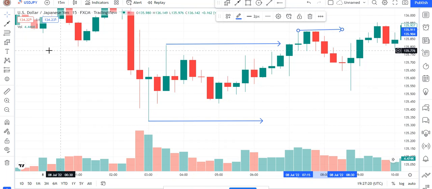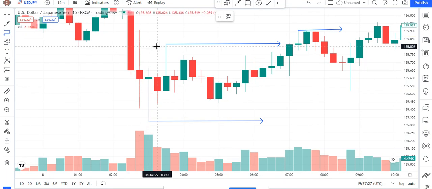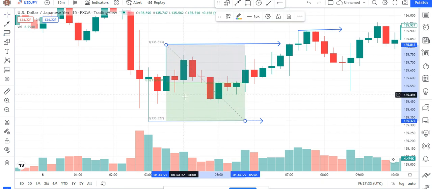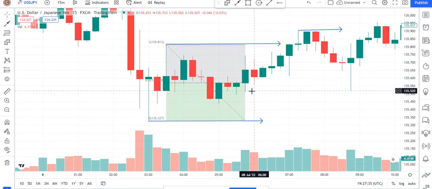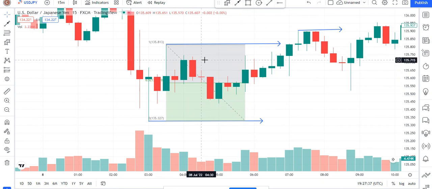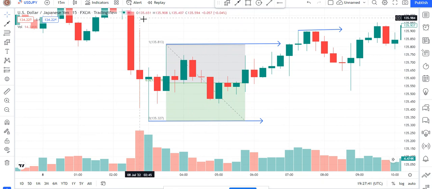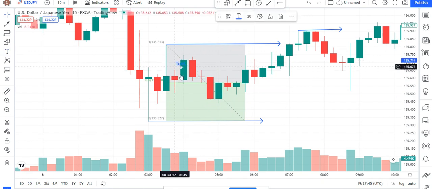So we can use premium, discount, and equilibrium by using this Fibonacci tool. We'll draw it from the top of the range to the bottom of the range, right? The top part, that is the higher part, is higher prices.